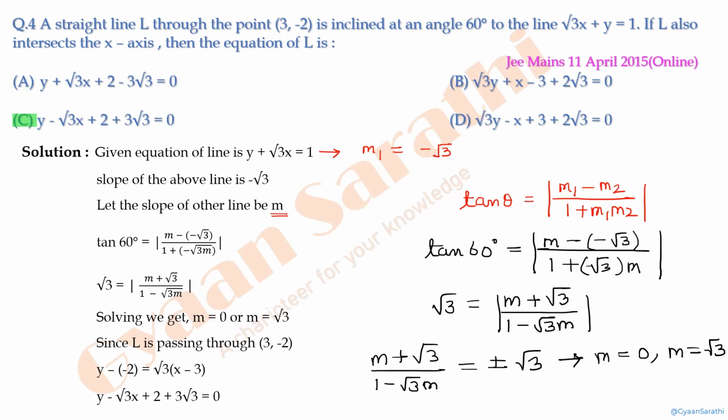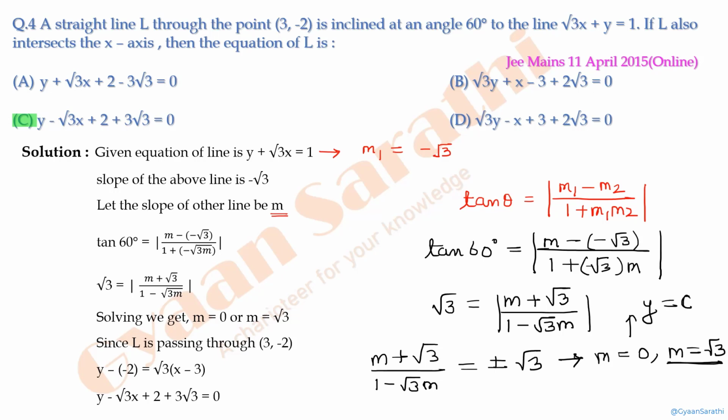Now if we take m to be 0, in that case equation of the line would be y is equal to constant, and no such answer is given in any of the 4 options. So we will consider m to be root 3 and find the equation of the line L. Now since the line L is passing through 3 comma minus 2, so I can say y plus 2 is equal to root 3 into x minus 3.